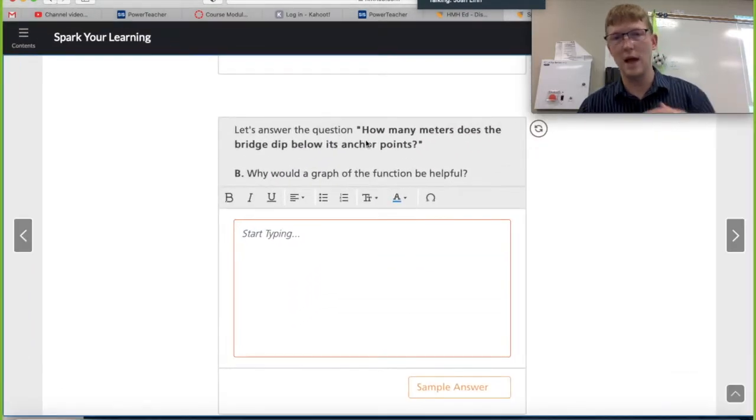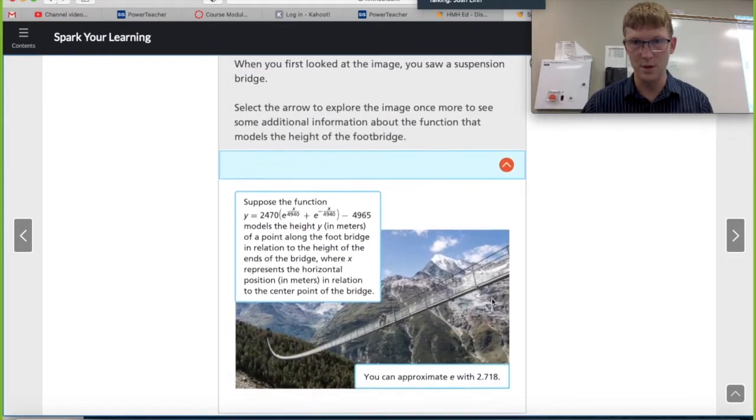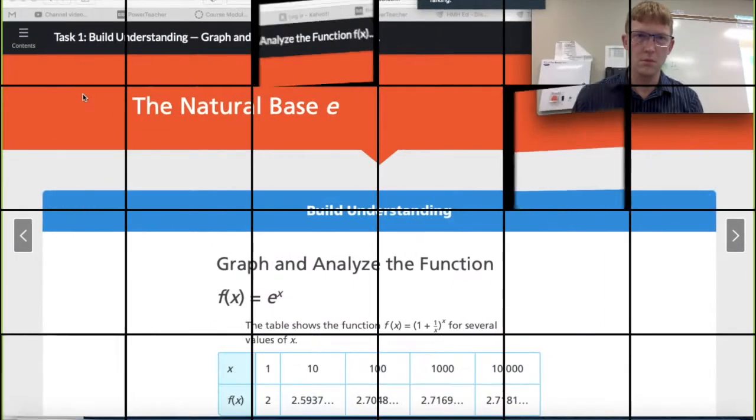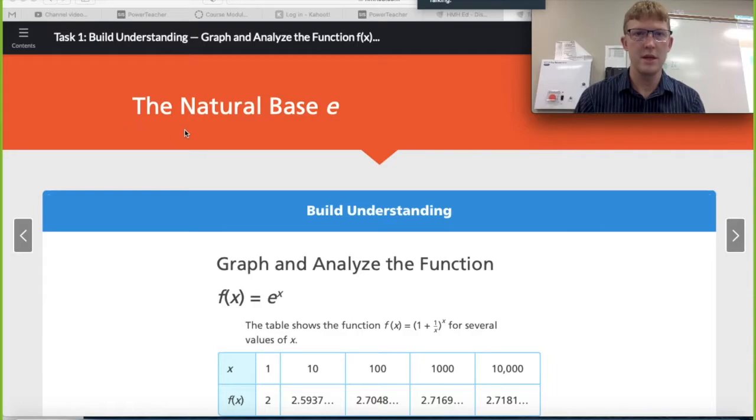And so we could use a calculator, and we can graph it. We can figure all these things out. But let's jump right into it and learn a little bit more about e. The natural base e. e is another number that we as mankind came up with.